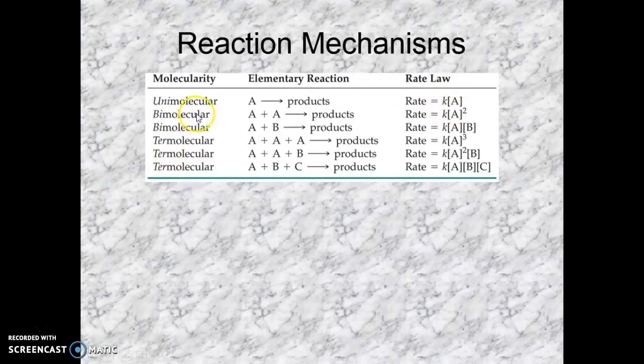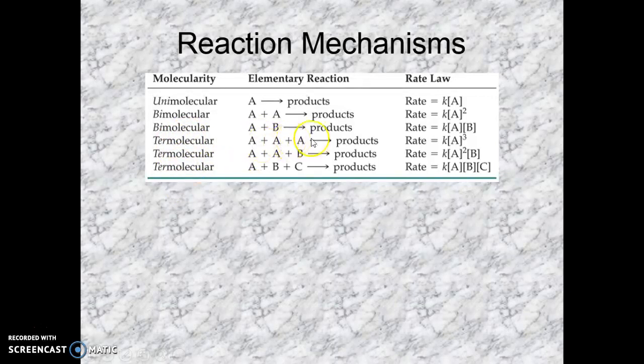You can have a bimolecular molecularity, where you have two of the same reactants or two different reactants. But either way, the overall rate law is dependent on two molecules, or the rate of that step is dependent on two molecules.